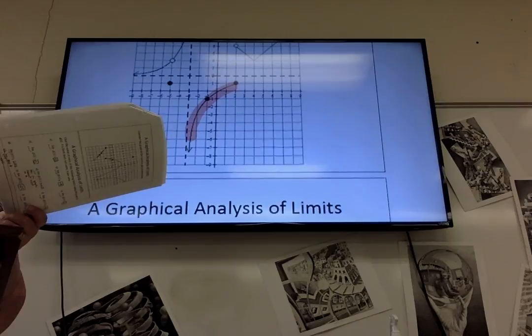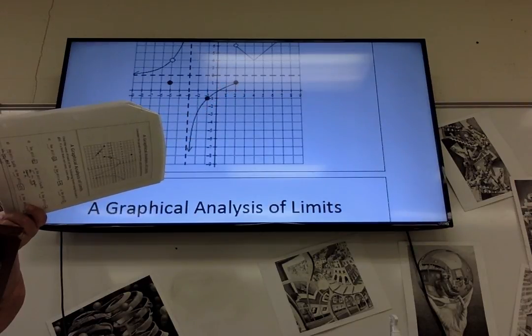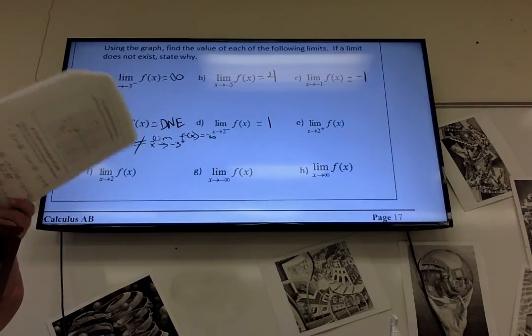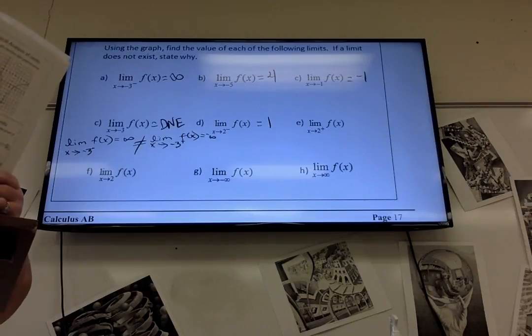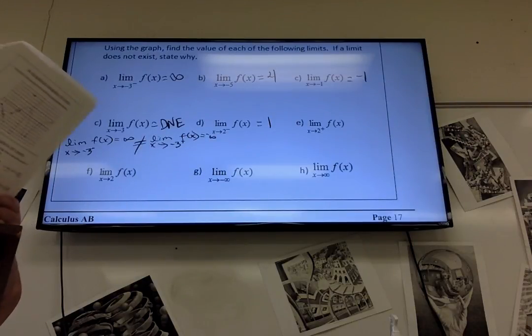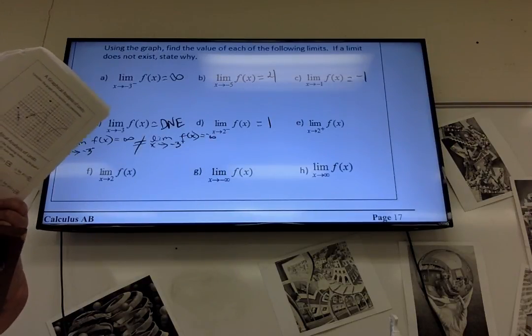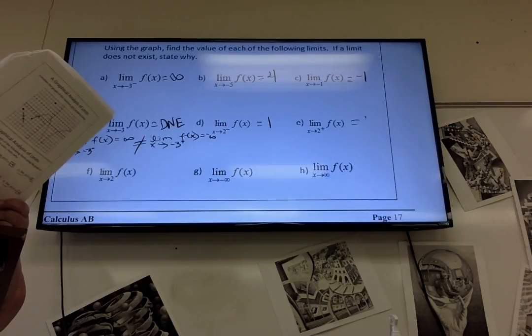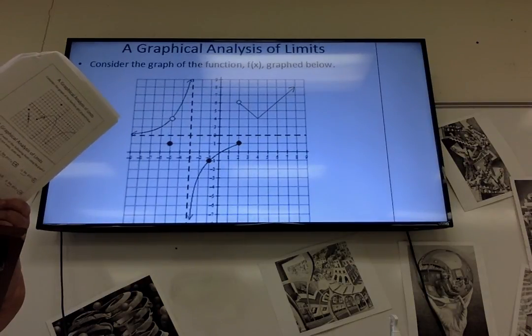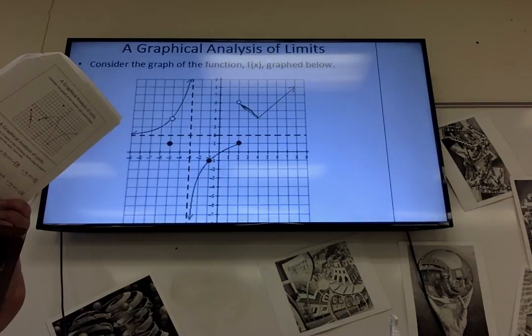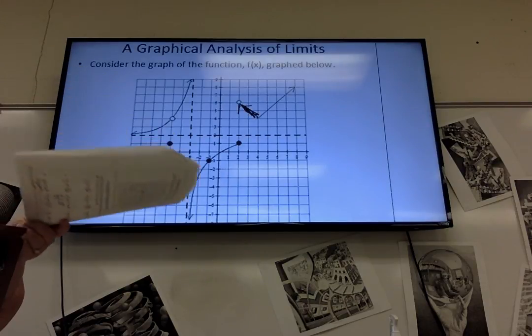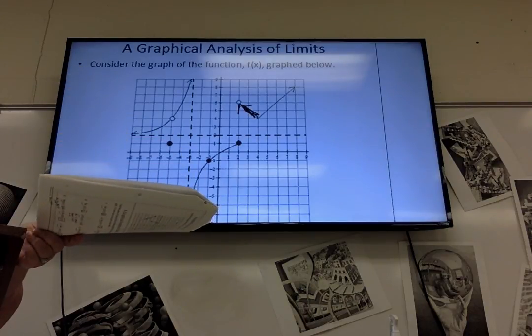Excellent. Stephen, what about limit as x approaches 2 from the right-hand side? 6. That is 6. That's coming from the other way. And notice that it's approaching. It's an open hole, but that doesn't matter. It's approaching 6.